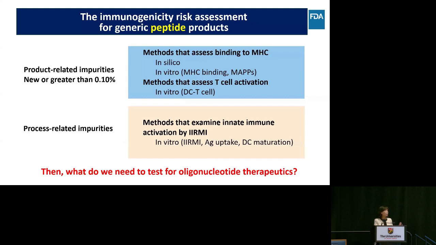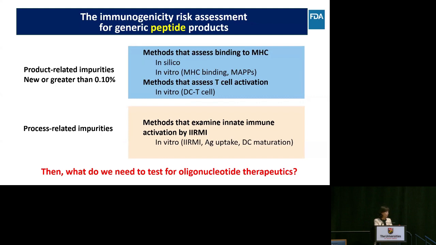For generic peptide products, so I'm talking about the peptides, the immunogenicity risk assessment is done in two parts. One is the product-related impurity, and the other part is process-related impurities. If you see any product-related impurities that are new or present higher compared to the RLD, and it should be more than 0.10%, orthogonal methods are used to assess MHC binding and T cell activation.